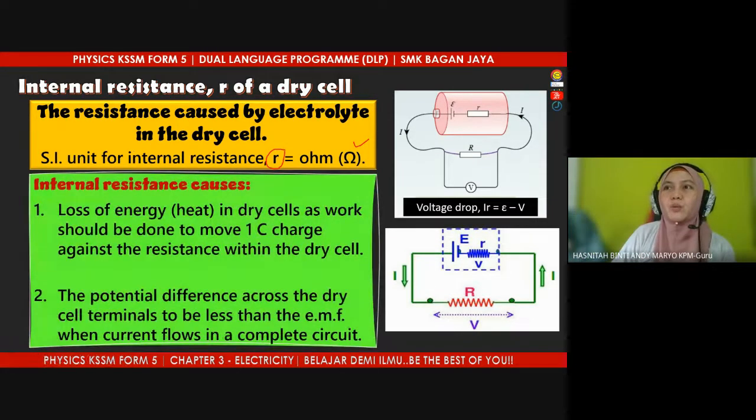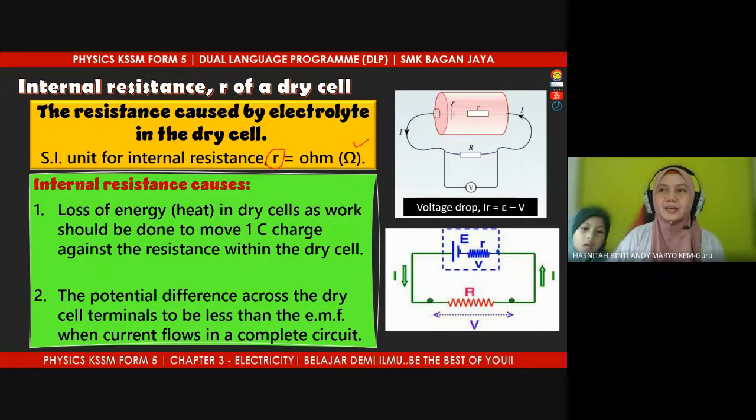Okay, so what will this internal resistance cause? Number one, there will be loss of energy, meaning production of heat, because in the dry cell, work should be done to move 1 coulomb of charge against the resistance inside the dry cell.